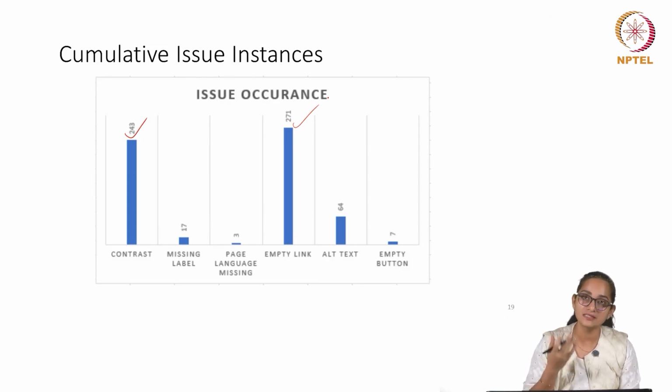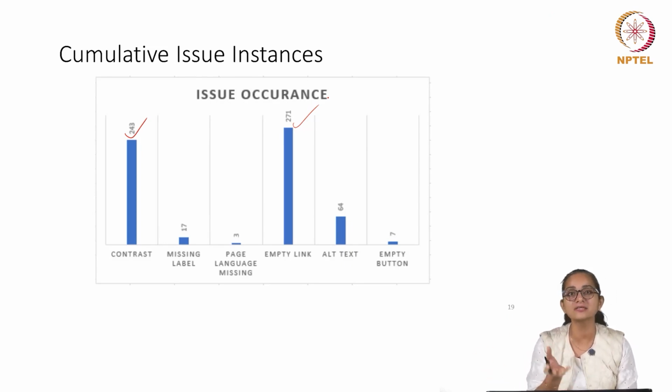If it is clickable and not taking you anywhere, that means it is an empty link. You might have noticed a lot of links that you click give you a 404 error. Why? Because it's empty. So these reports give you a decent idea of what to do and where to start.